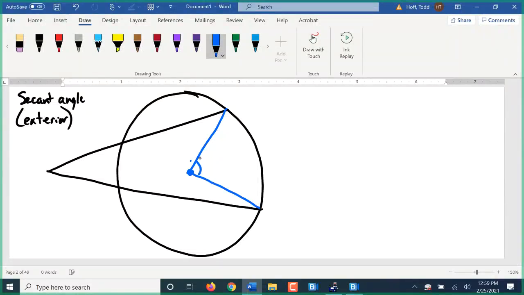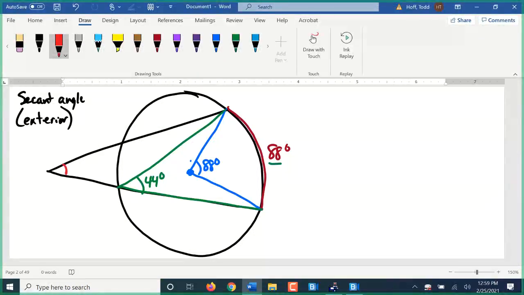So let's say this is 88 degrees. This is an 88-degree arc. If I drew it back to here, so it's an inscribed angle, this inscribed angle would be half of that arc, in this case 44 degrees.